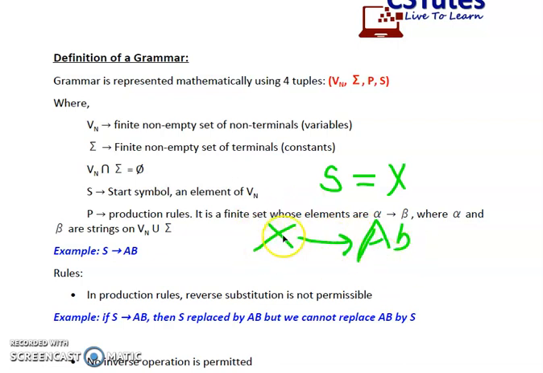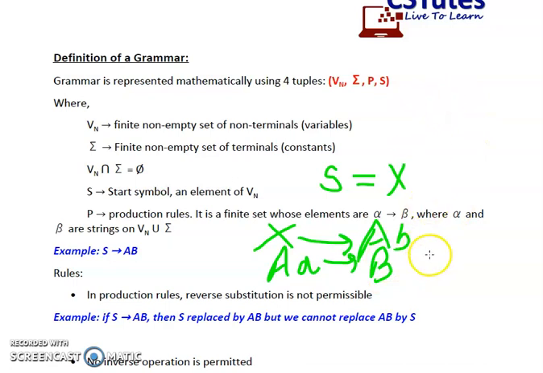So over here we can see that on the left hand side it is a non-terminal, and on the right hand side it is a combination of non-terminal and terminal. According to our production rule, we can have alpha and beta as a set of non-terminals and terminals. So on the left hand side we can have X tends to AB, or we can have, let's say, Aa tends to capital B. Over here it is a combination of terminal and non-terminal on the left hand side and a single non-terminal on the right hand side.